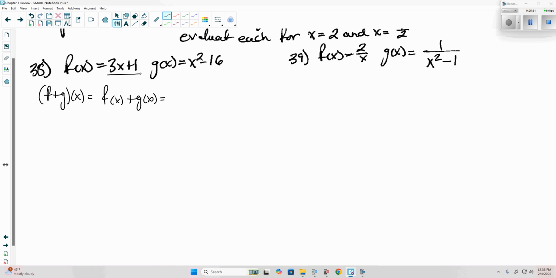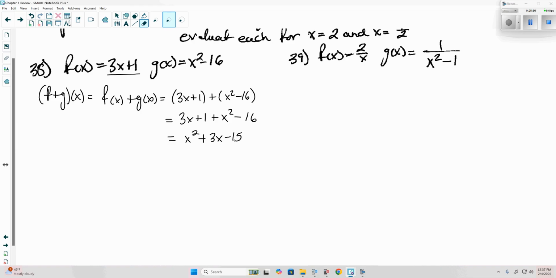Well, f of x in our case is 3x plus 1. g of x is x squared minus 16. At this point, we can drop the parentheses. And then we're going to combine like terms, giving us x squared plus 3x minus 15.